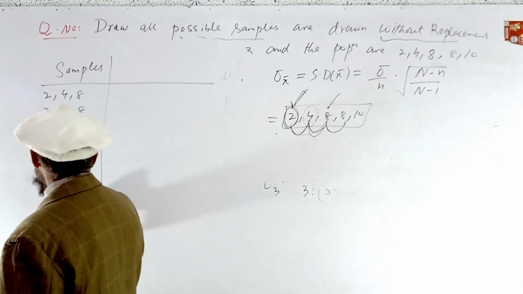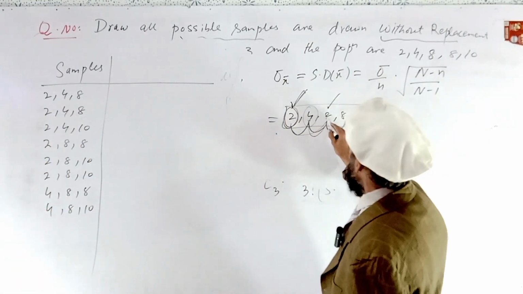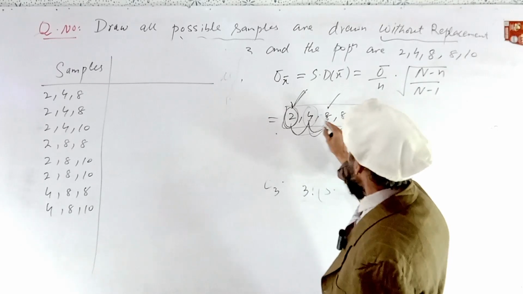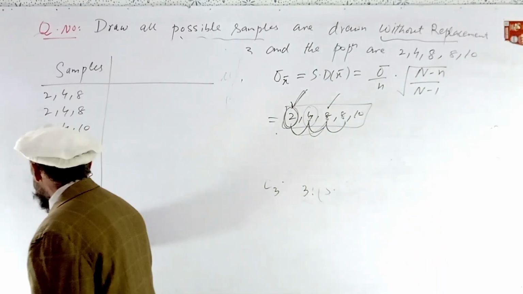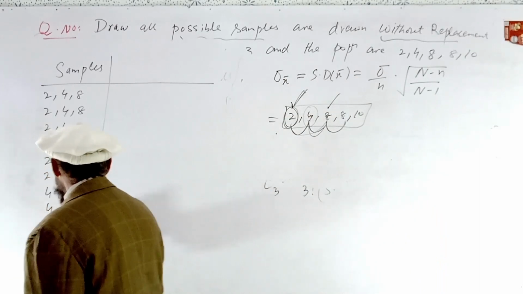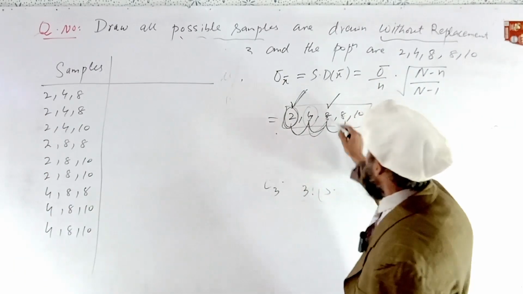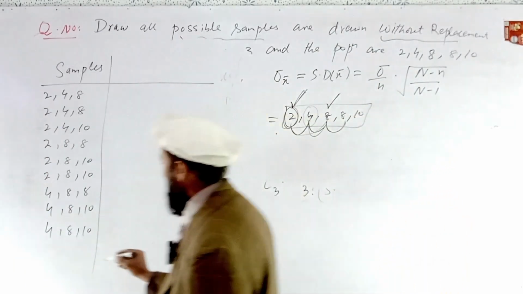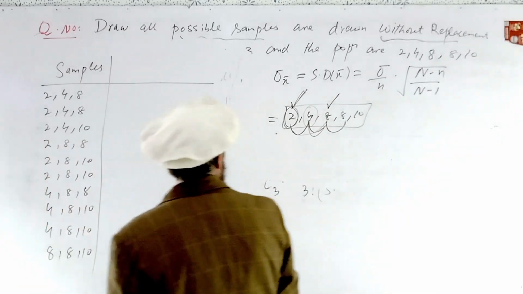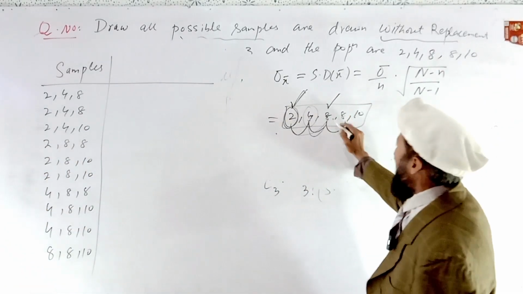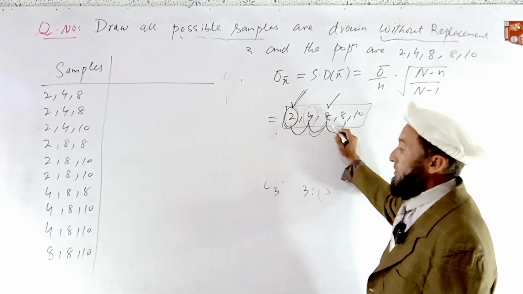And in the last one we get 6, 8, 10. No other solution is possible if we draw 3 samples at a time.